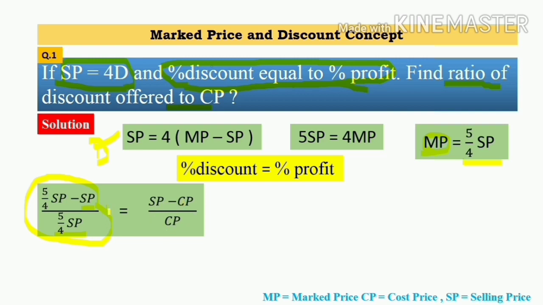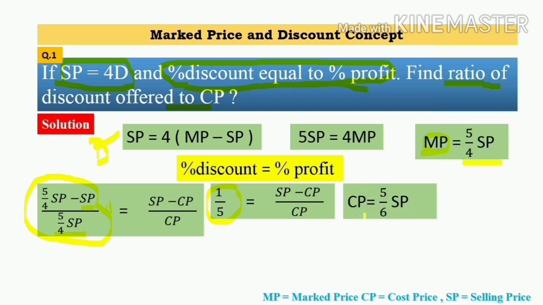Here on both sides I have not written 100 because it gets cancelled. After solving, on the left side we get 1 by 4 SP upon 5 by 4 SP; the 4s cancel and we get 1 by 5, equals (SP minus CP) upon CP.